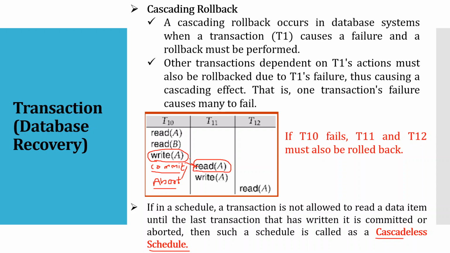And a cascadeless schedule means if one transaction wants to read a particular data item and that is being written by some other transaction, then that transaction must provide either a commit command or abort command so that consistent data is read by a particular transaction. That is what a cascadeless schedule is, right? So this is all about database recovery.